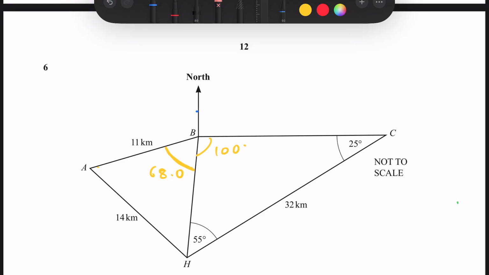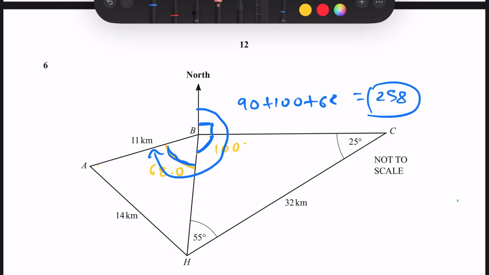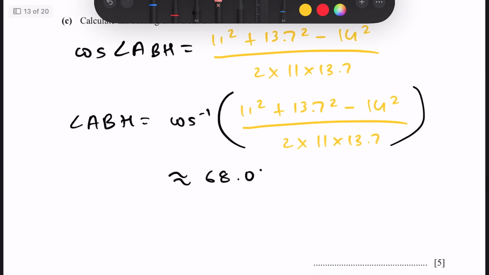We have to go from here to here, and for this there are three angles that contribute to this. We have the first angle here, which is 90 degrees, our second angle here, which is equal to 100 degrees, and our third angle here, which is equal to 68 degrees. So 90 plus 100 plus 68 is equal to 258. And this is our answer for the bearing of A from B.